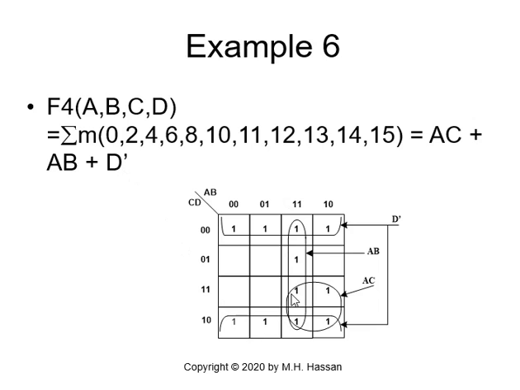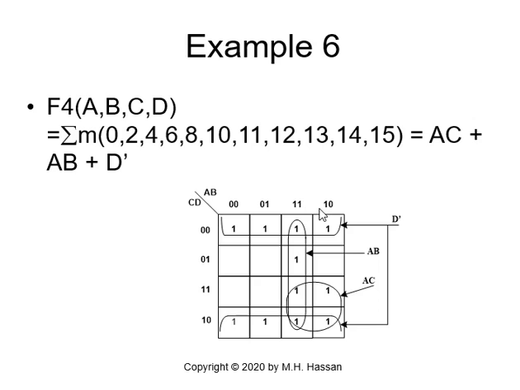This group, which is a group of 4, everything will be cancelled vertically for the CD, so I have horizontally AB. This group of 4 will give me AC because 0 will cancel with the 1.